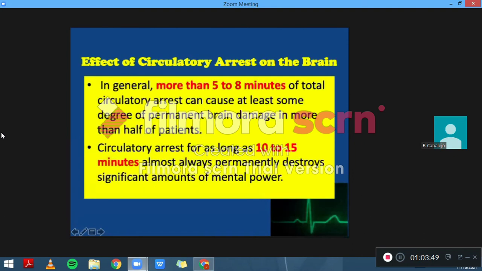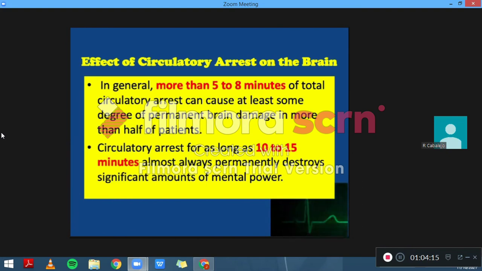In general, if you have more than 5 to 8 minutes of total circulatory arrest, there may be at least some degree of permanent damage in more than half of these patients. And if your arrest lasts longer than 10 to 15 minutes, then almost always there is already significant permanent destruction of mental power.